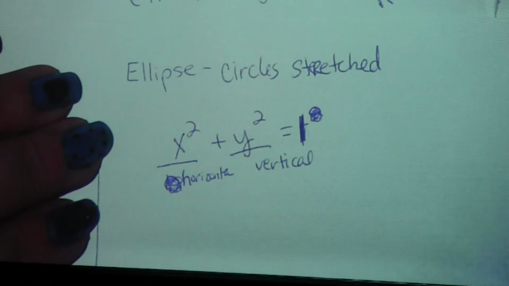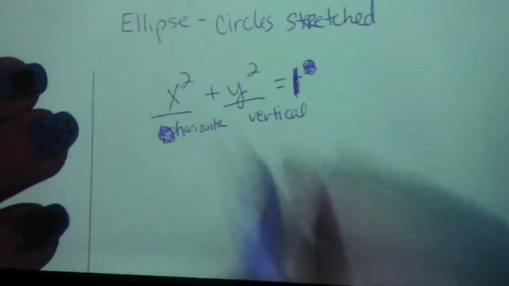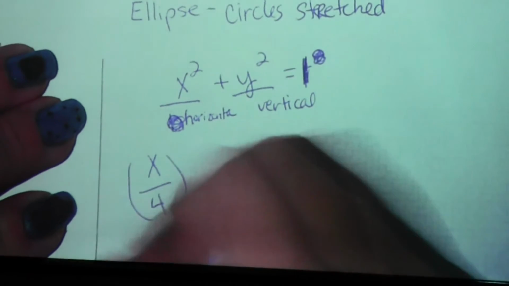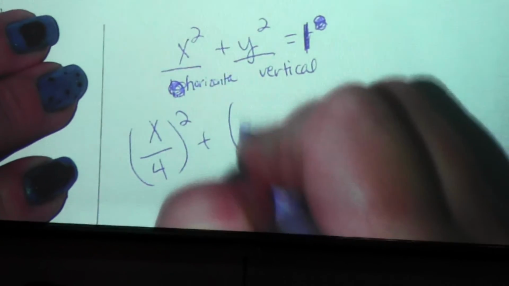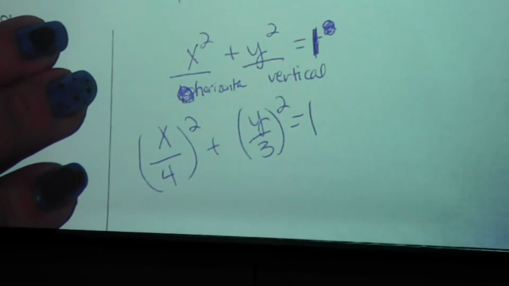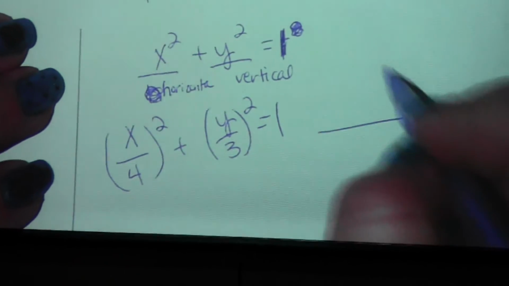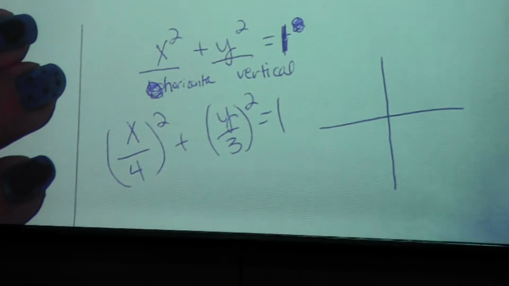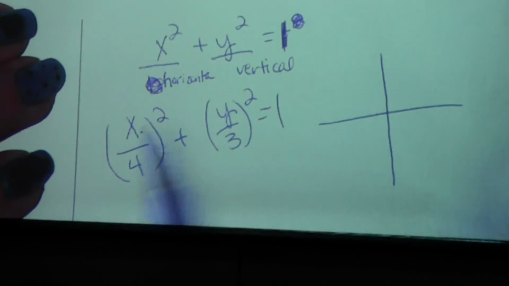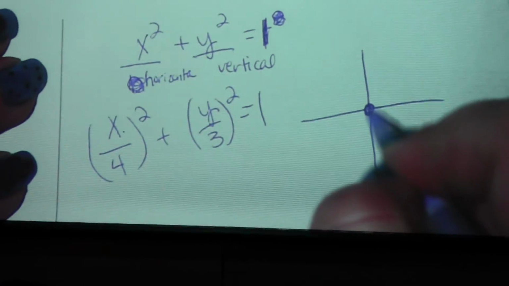So probably the easiest way to look at that is to give an example. So if we had x over 4 squared plus y over 3 squared equals 1, we would just graph it by hand because remember that was a lot easier than our calculator. There was no h or k up here, so our center is still going to be at the point 0, 0.